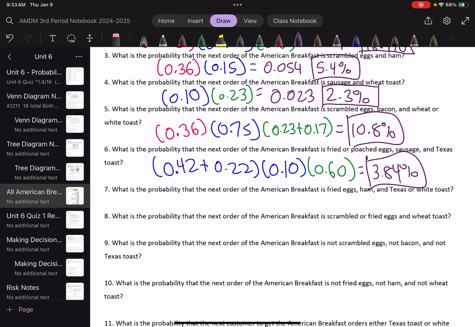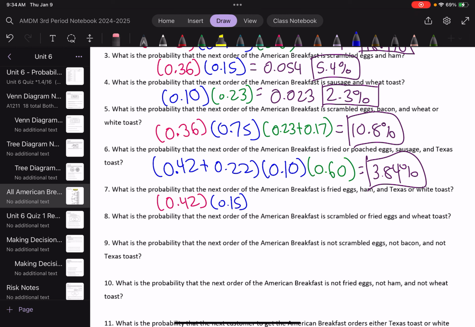Next one says, what's the probability that the next order is going to contain a fried egg, ham, and Texas or white toast? Once again, we're going from the same pattern. I know that a fried egg is a 42% chance. Ham is chosen about 15% of the time.